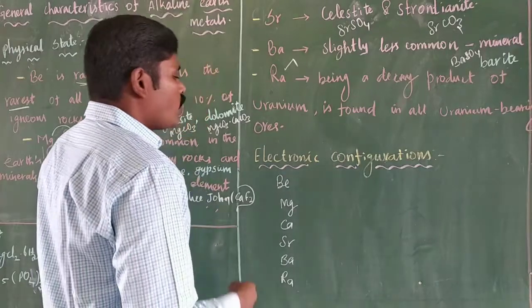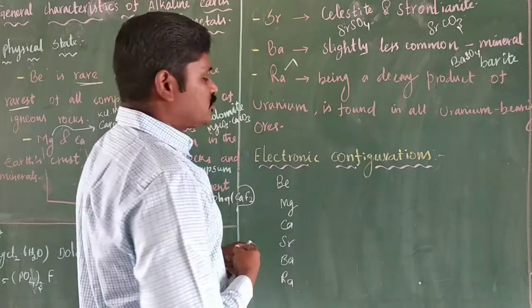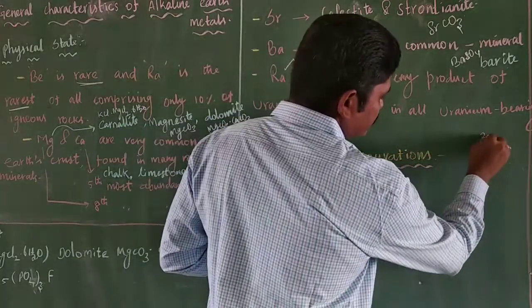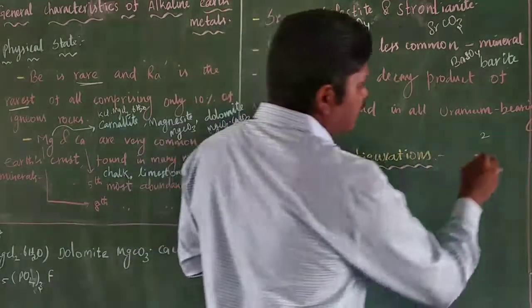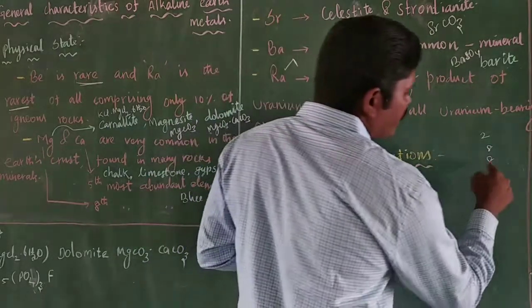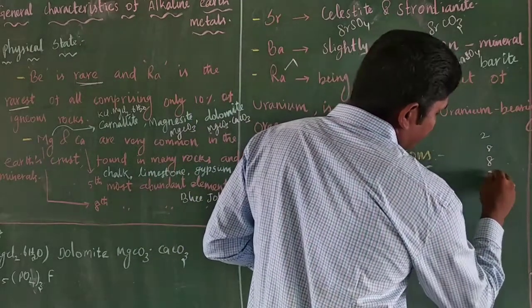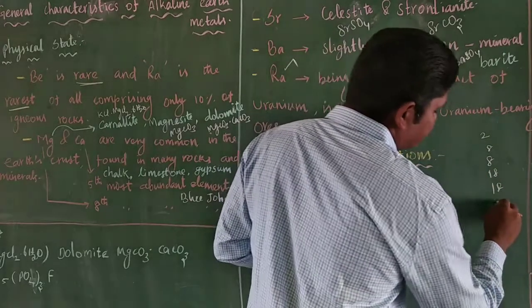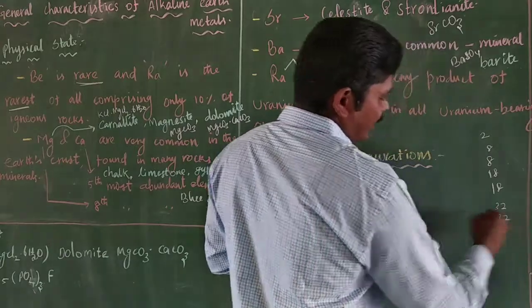Okay, in a periodic table, the first period contains 2 elements. The second and third periods contain 8 elements, and fourth and fifth contain 18 elements, and sixth and seventh contain 32 elements.